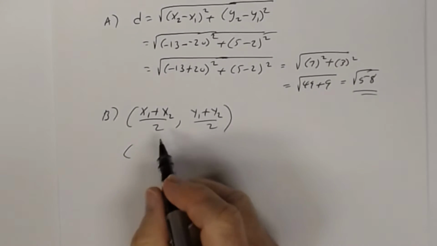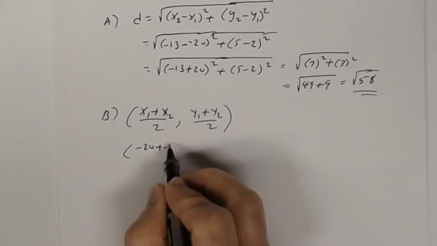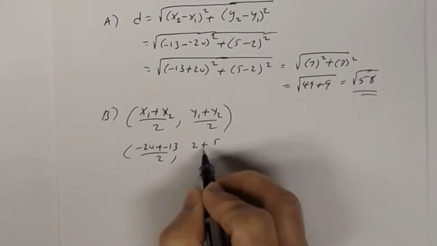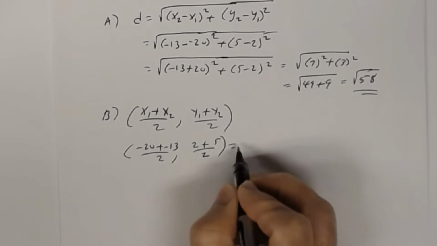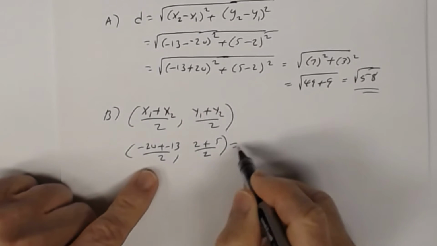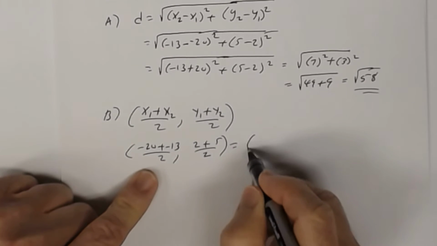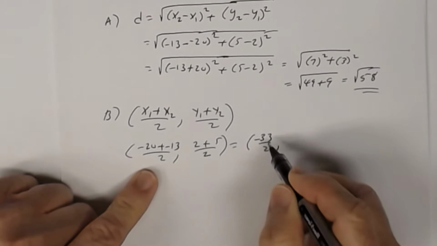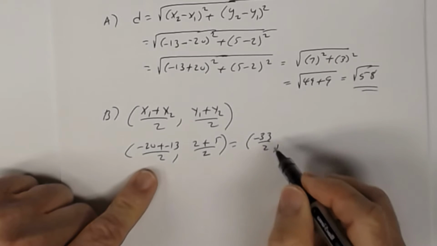All right, so this becomes negative 20 plus the negative 13 divided by 2, comma, and then 2 plus 5 divided by 2. Which equals negative 20 plus the negative 13 is negative 33 divided by 2. And just leave it as this fraction. It's already in reduced form.